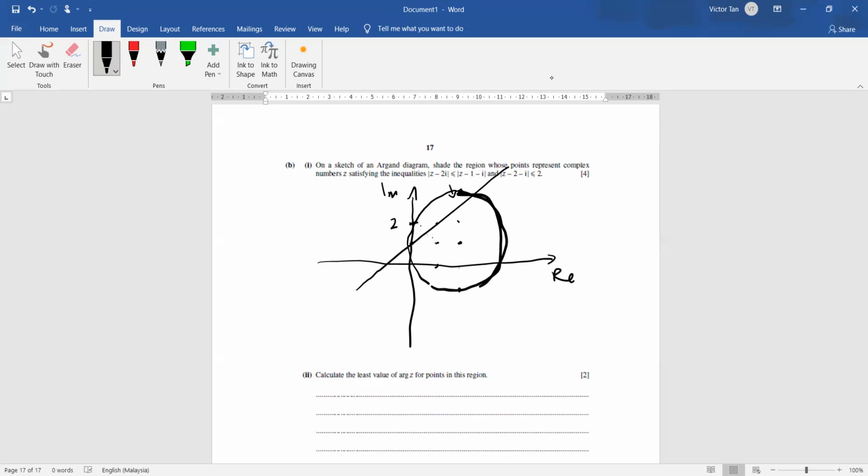This is smaller than 2, inside the circle. So it is this area here.